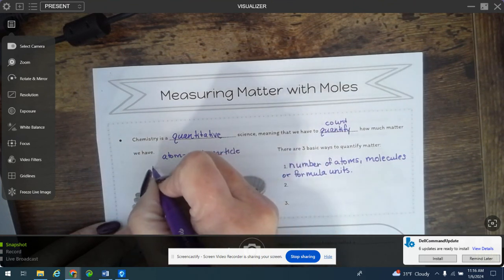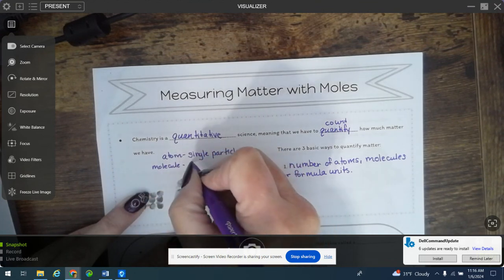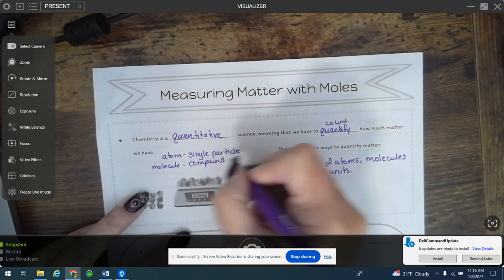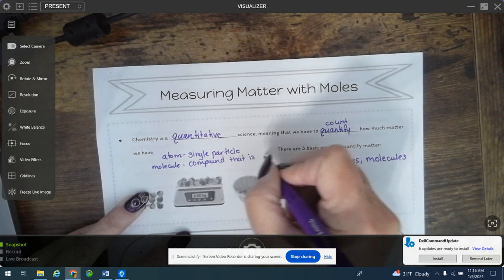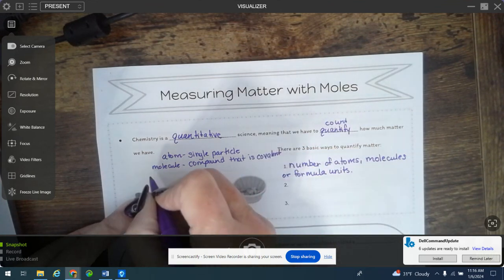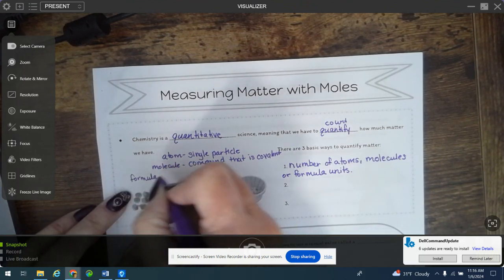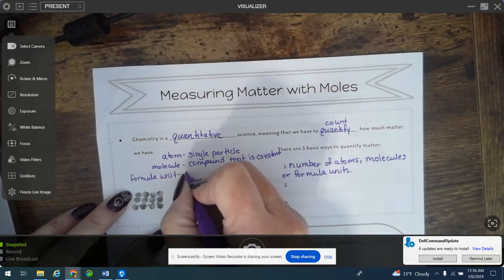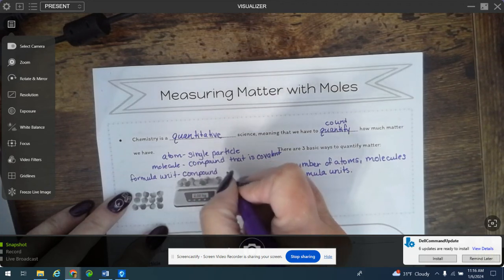A molecule is a compound that is covalent, meaning it only has nonmetals. And a formula unit is used to describe a compound that is ionic.